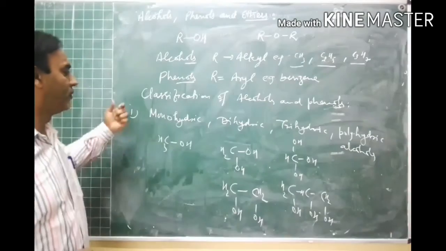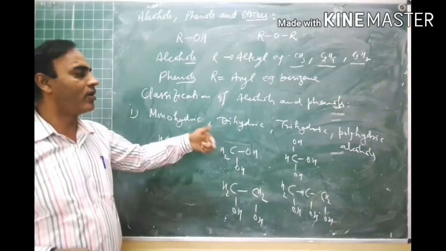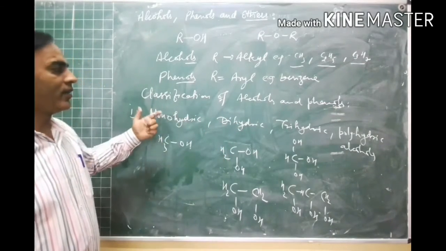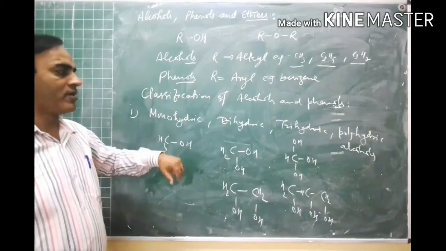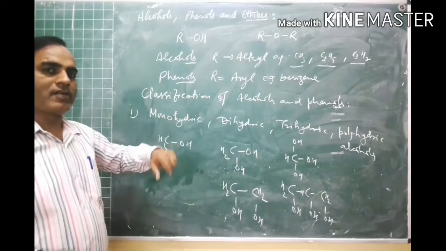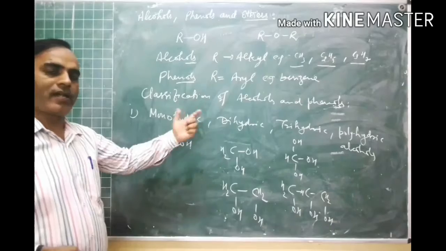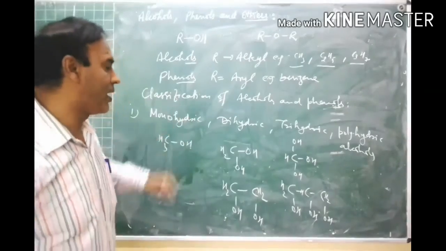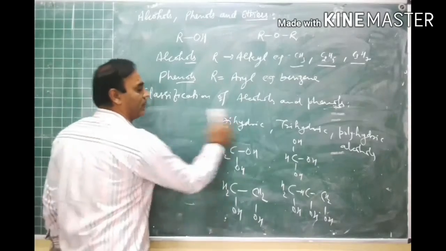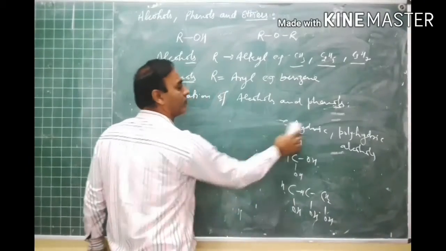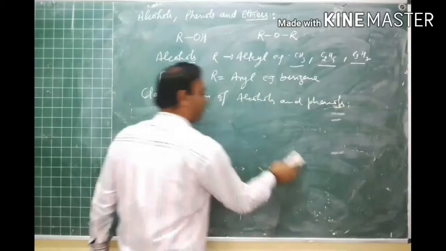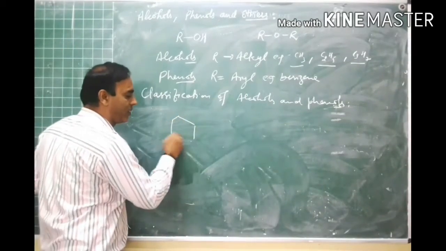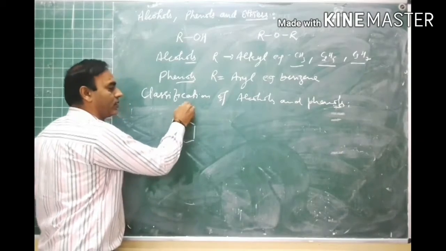Now, like monohydric alcohol, dihydric alcohol, trihydric alcohols and polyhydric alcohols, there are monohydric phenols, dihydric phenols, trihydric phenols, tetrahydric phenols, pentahydric phenols, hexahydric phenols. So we will write this section also. So this is monohydric phenol, right?